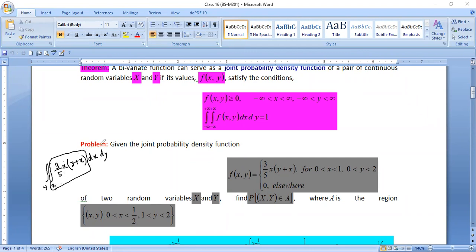After that, you can integrate with respect to y, and then you can put the limit of y over there. Entire thing will come with respect to y, because in this particular integration, y will be your constant. And in this manner, you can calculate the probability.